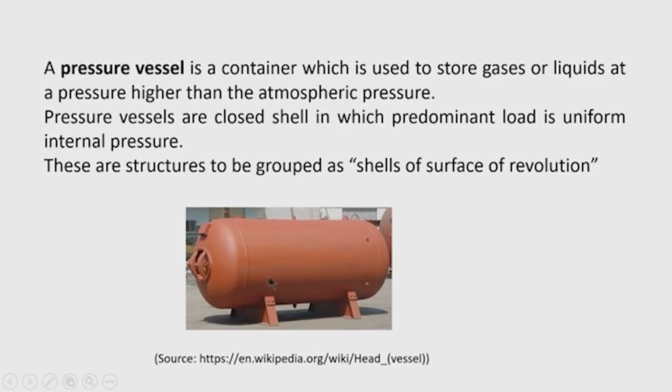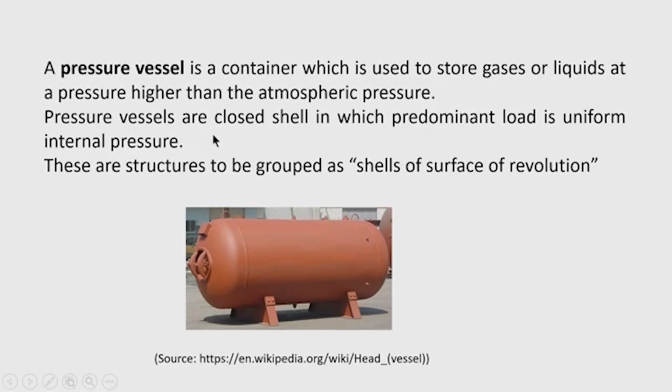Pressure vessels are generally of cylindrical type, and they have a head at both ends, which may be a part of a sphere, that is a spherical part, or an ellipsoidal part, or any other form. Mainly the ellipsoidal and spherical parts are common at the closure end.